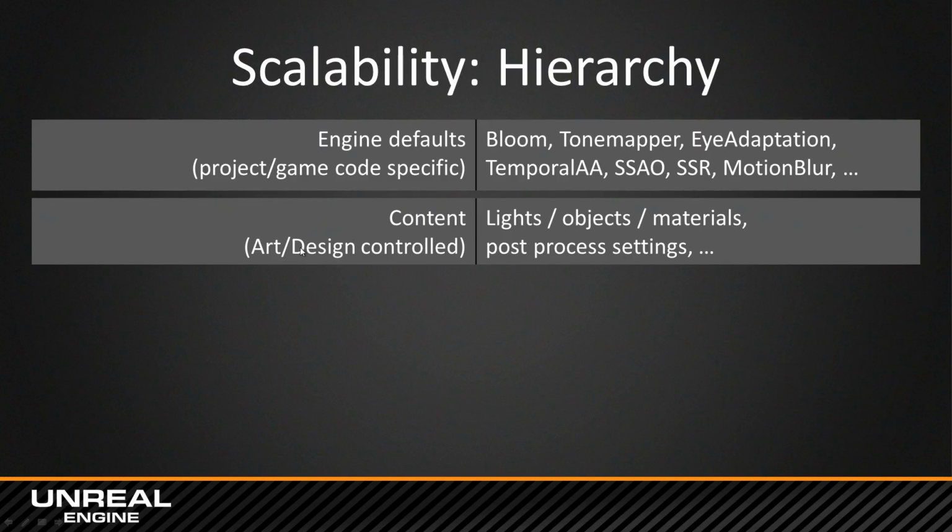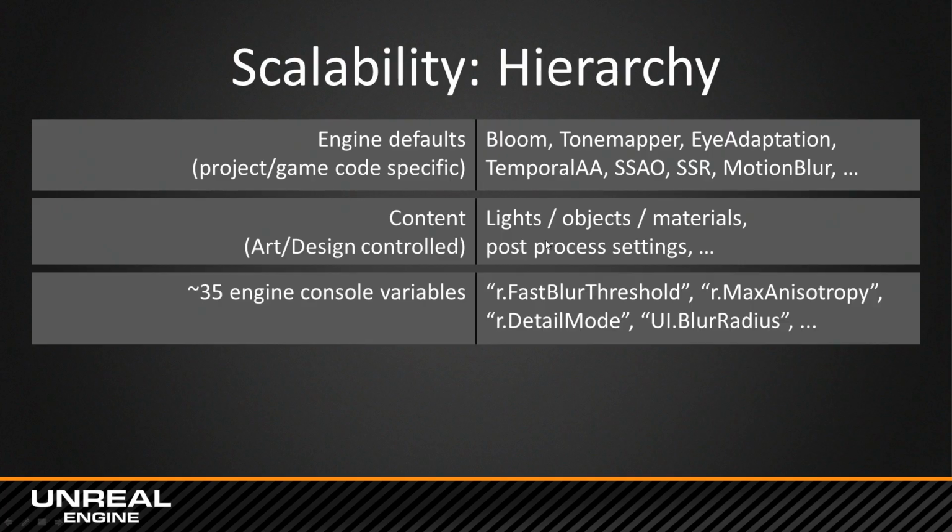This time it's the designers and the artists that can control it through content, by placing specific features, by using materials which use those features, by having post-process volumes with specific settings on or off. They can control those engine defaults. If they want to disable bloom, they can do it in the post-process settings. If they want to add another feature that wasn't enabled, like the scene color fringe, for example, they can do it here.